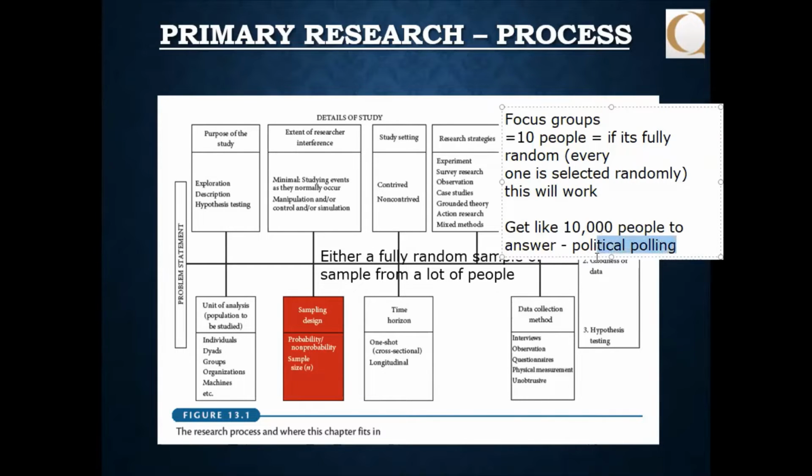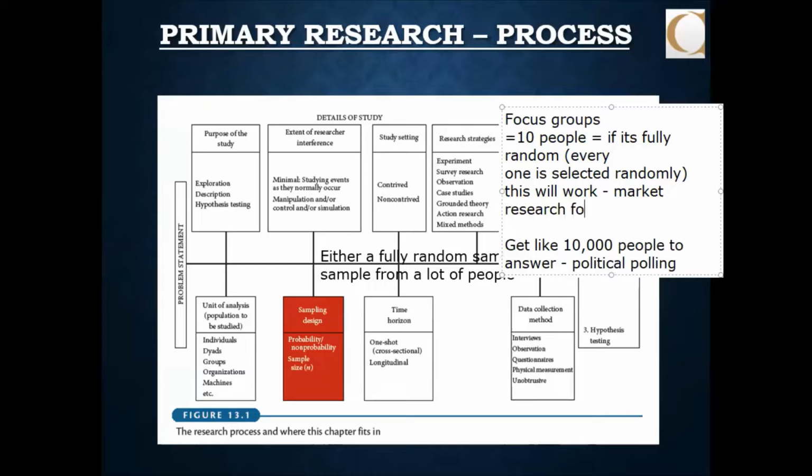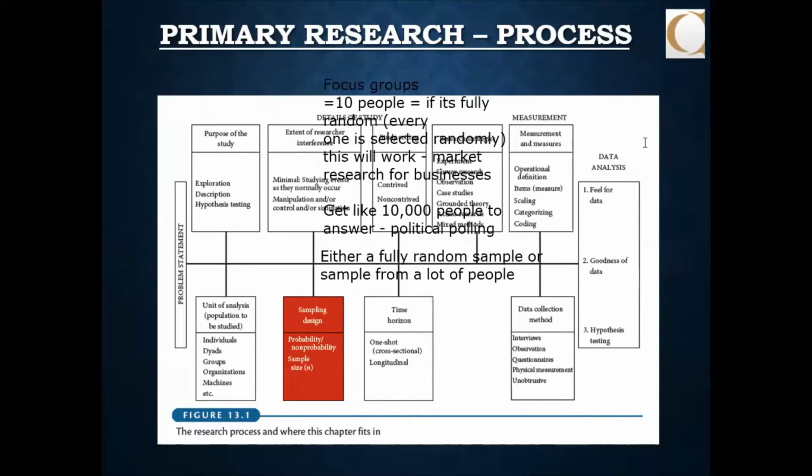They do it like this because it's hard to get a fully random sample. But focus groups, they use those a lot for market research or businesses. So you can use either. Both work, but sometimes you can't get a good focus group. So those are ways you can sample.